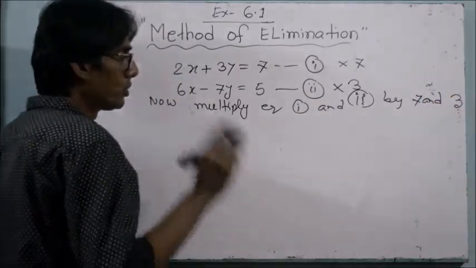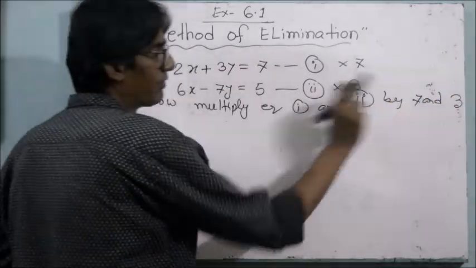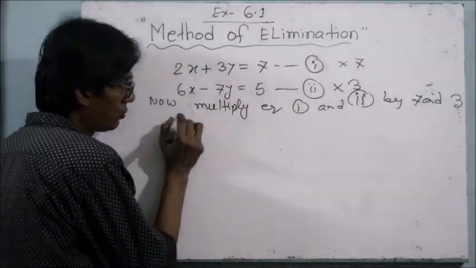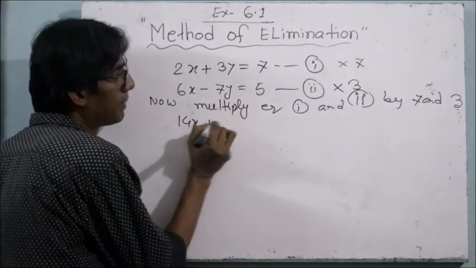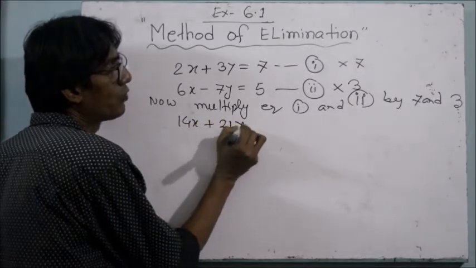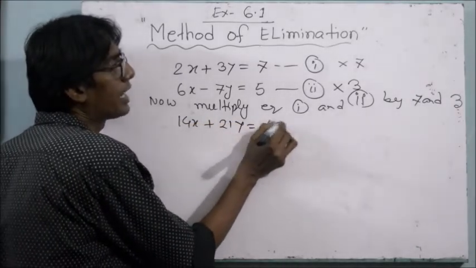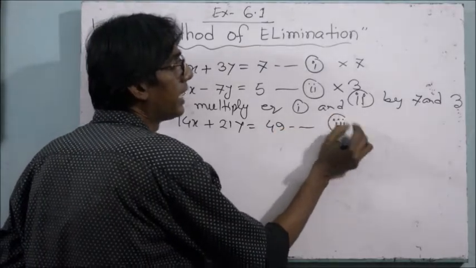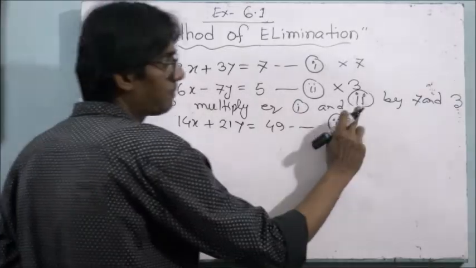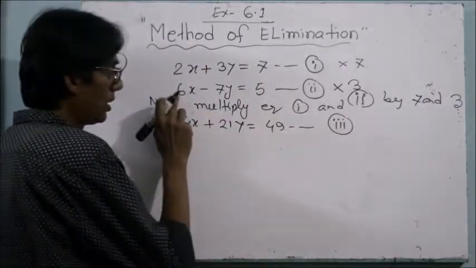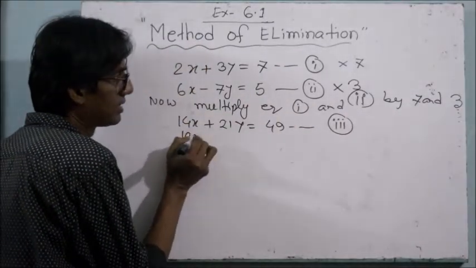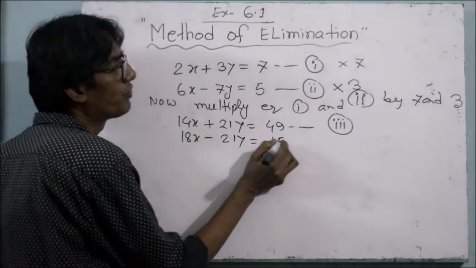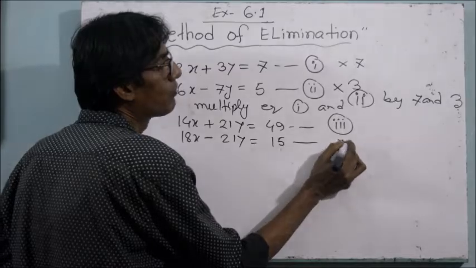Okay, if I multiply equation 1 by 7, then a new equation is formed. 7 twos are 14x plus 3 sevens are 21y equal to 49. This is the new equation number 3. Again, if I multiply equation 2 by 3, look, 3 sixes are 18x minus 21y equal to 15. This is equation number 4.